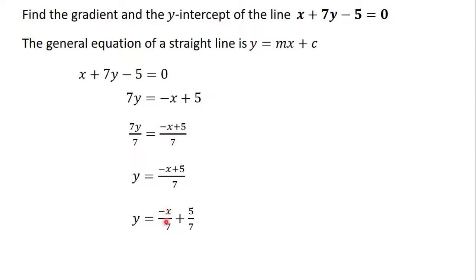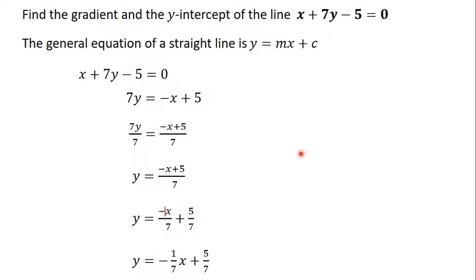So our equation is y is equal to minus x divided by 7 plus 5 divided by 7. Minus x divided by 7 is the same as minus 1 divided by 7 times x. So we can write our equation as y is equal to minus 1 divided by 7x plus 5 divided by 7. If you watch the video on fractions, I explained this in detail.